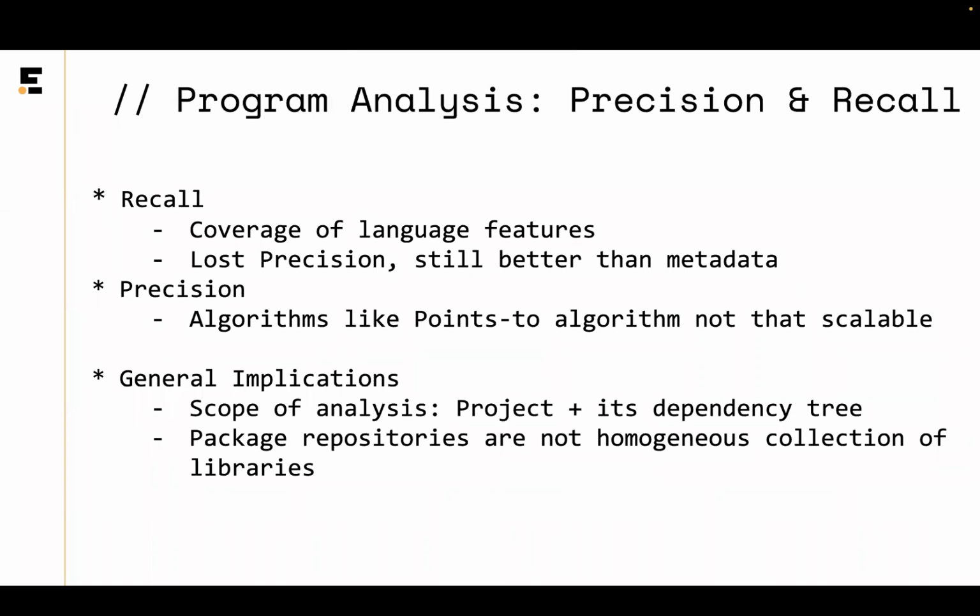There are libraries that might only rely on static dispatch, or libraries that do lots of different Java reflection that is super difficult to analyze. So putting a number on precision and recall in general can be very tricky because of all these different libraries and the different calling mechanisms they use.